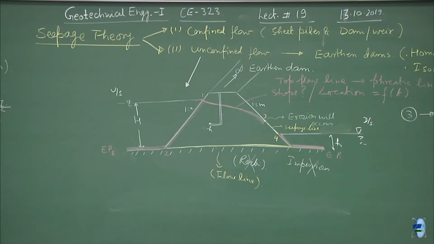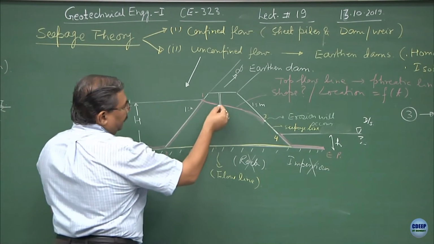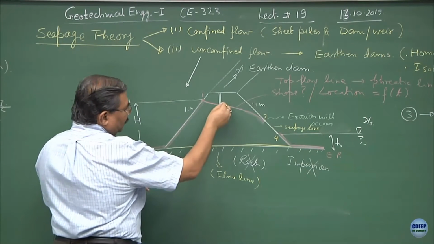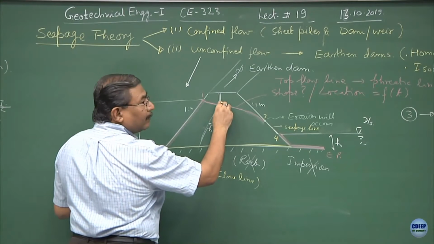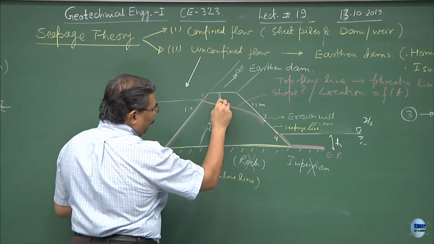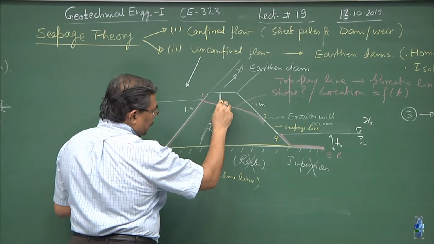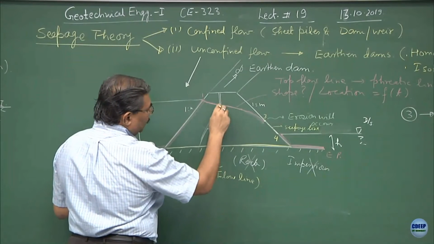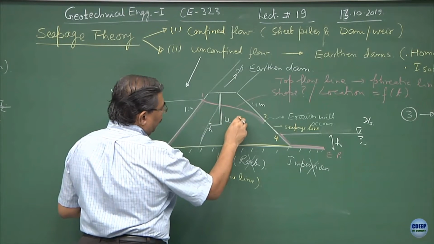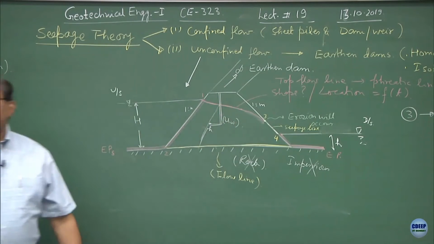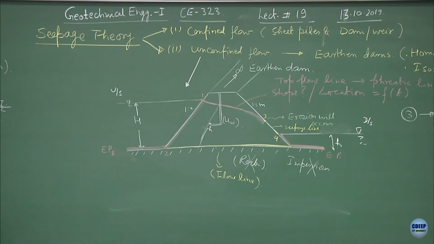When we draw the flow net, we will discuss this in detail. That means if I draw an equipotential line passing through the point H, and this is the top flow line where the phreatic line is, the distance between the point of intersection of these two and this element is going to be the pore water pressure at point H. I will explain it again later.